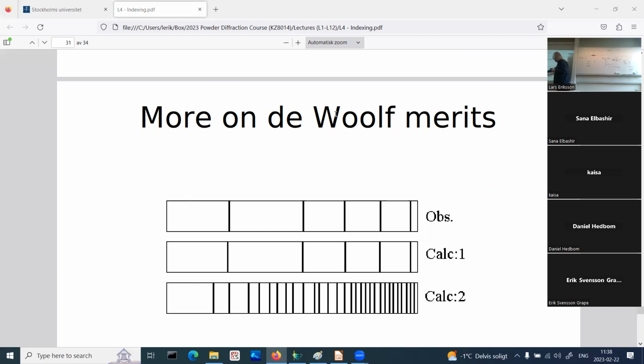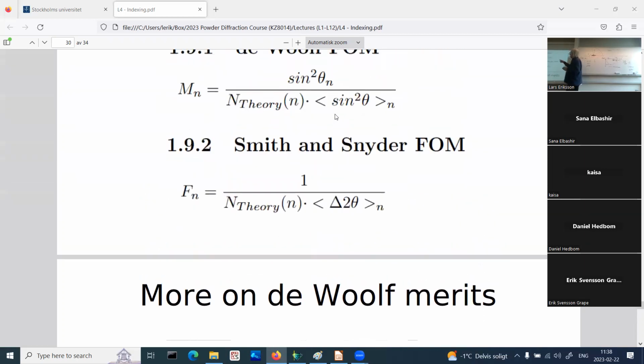But here we will have a lot of lines, and the 20th line will be somewhere here, at a low value of sine squared theta. So that effect occurs in the denominator.